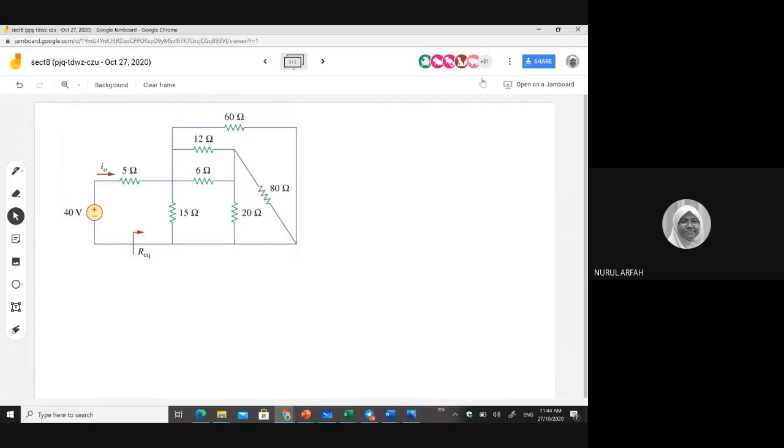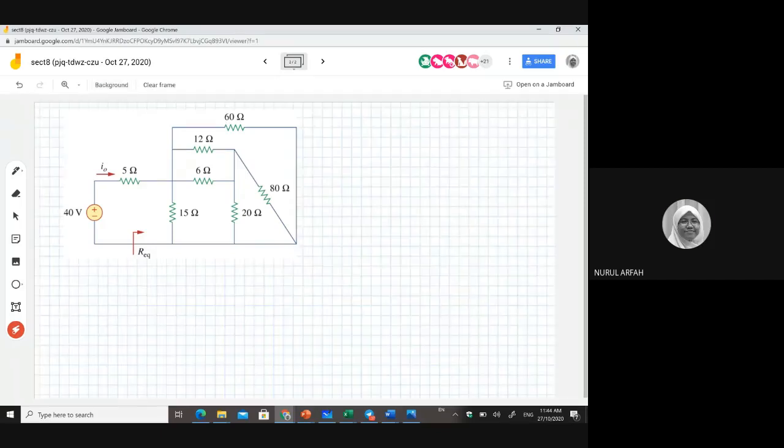Okay, which one is in series? The first one, 5 ohm and 6 ohm. Are you sure? 5 ohm and 15 ohm.